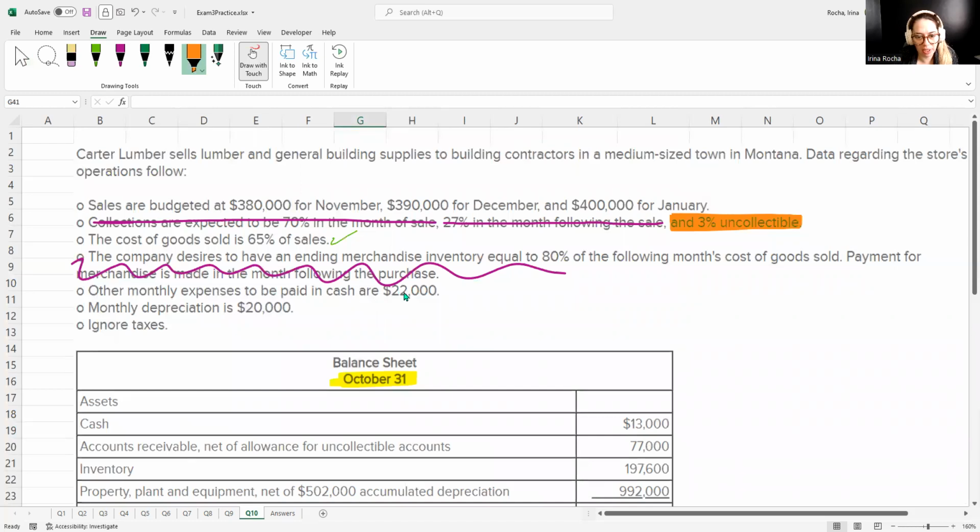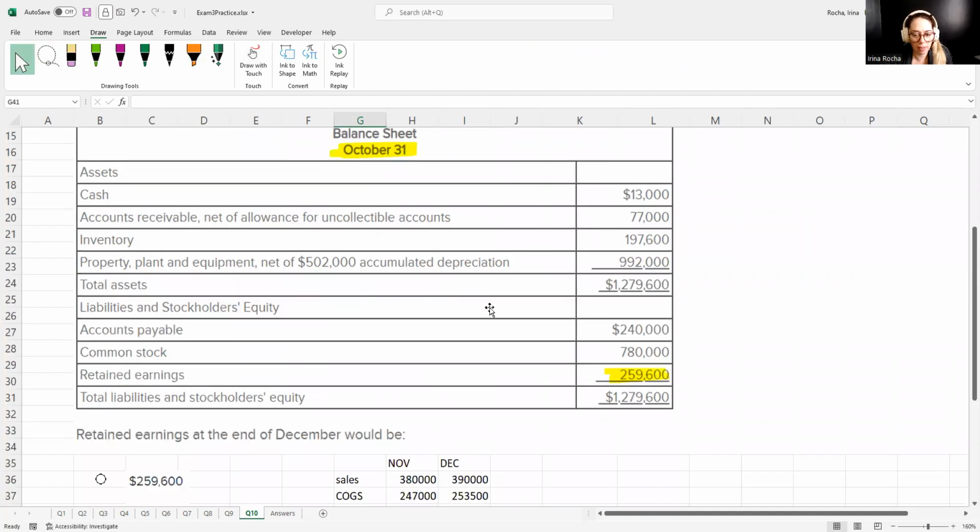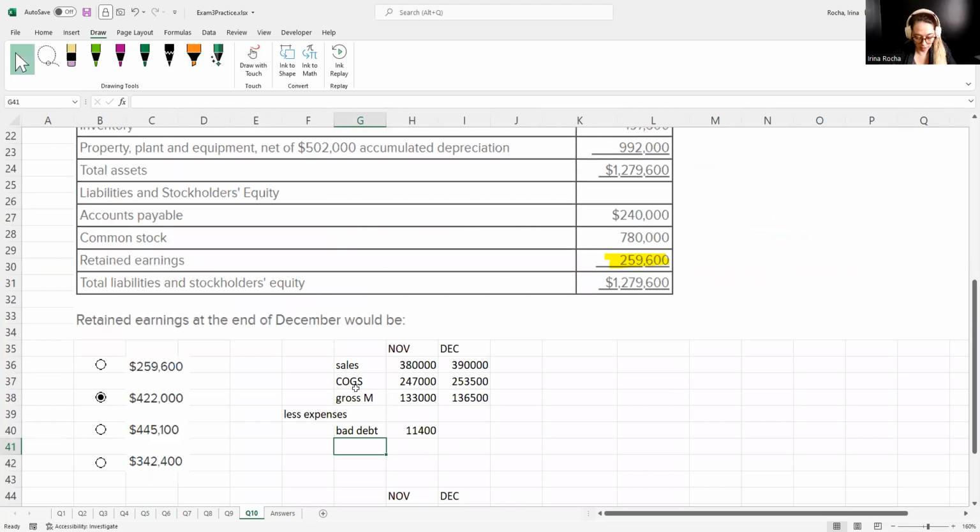We have other monthly expenses of 22,000 and monthly depreciation of 20,000. And that does affect here. So expenses 22,000 and depreciation 20,000. I just carry it over. These are fixed, so that's why they are the same, and this one is 3% of my sales.